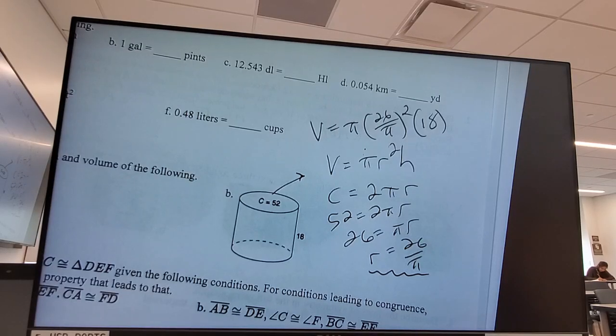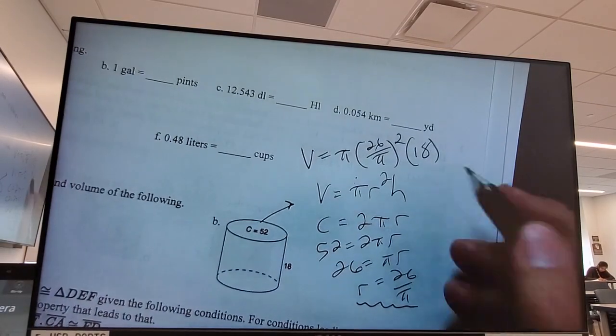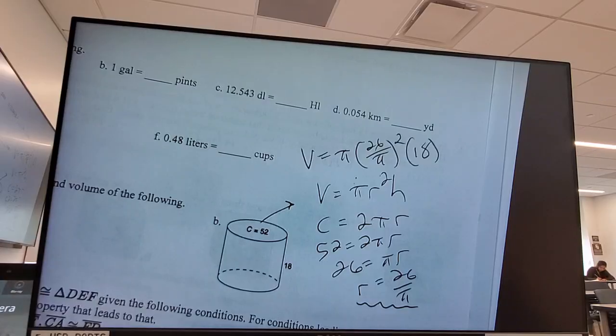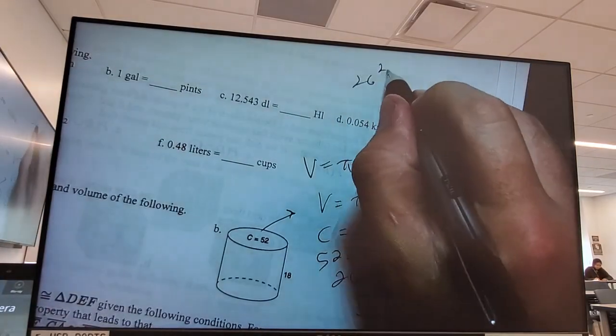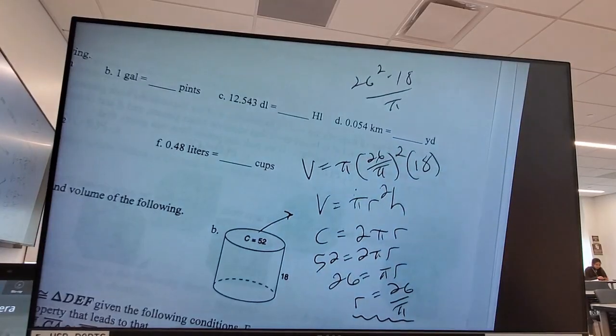What is it? I got 3,800. Oh, okay. Somewhere I moved the decimal back too far in my head. So that makes sense. It would be 26 squared times 18 divided by pi.